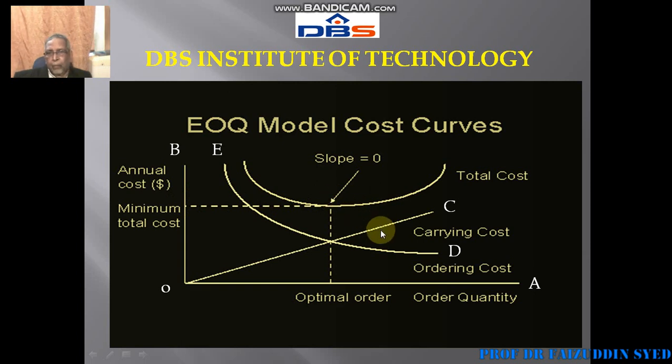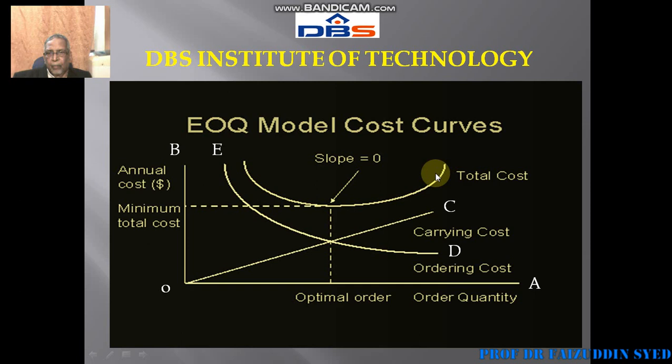What is this slope? See, here we have drawn two lines, the ordering cost and the carrying cost. If you add these two, we will get the total cost. This slope rises to a certain point, which we call the total cost.